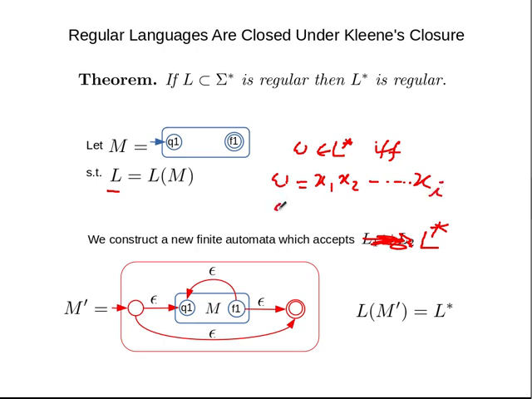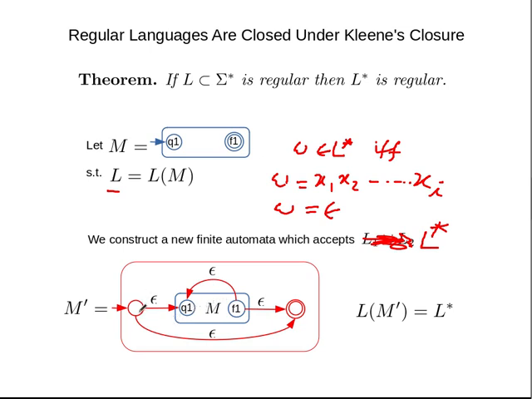Or W can be epsilon also. So one of these two possibilities. And you see that epsilon is accepted by this thing, because you can take this edge. So epsilon is in the language of this M prime.